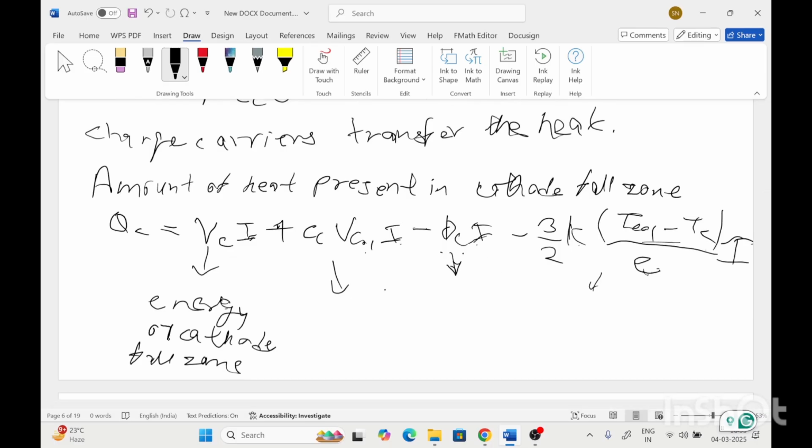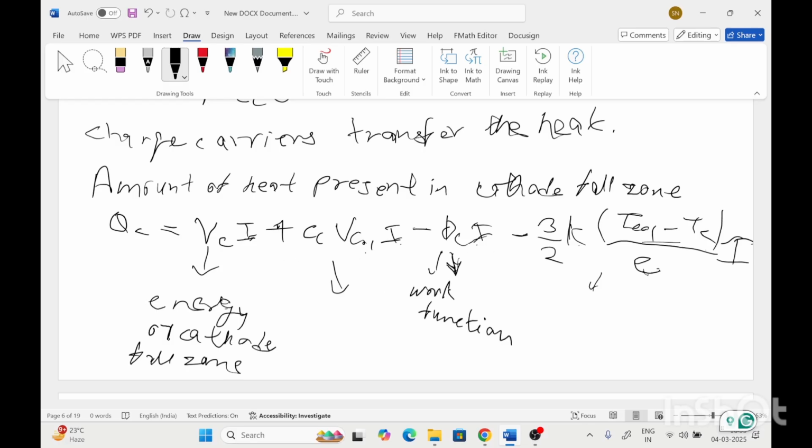In this term, the two terms are negative. This is the heat we have to give to generate the electrons. Phi c is the work function of the cathode material, and current is the current we supply from the power source.